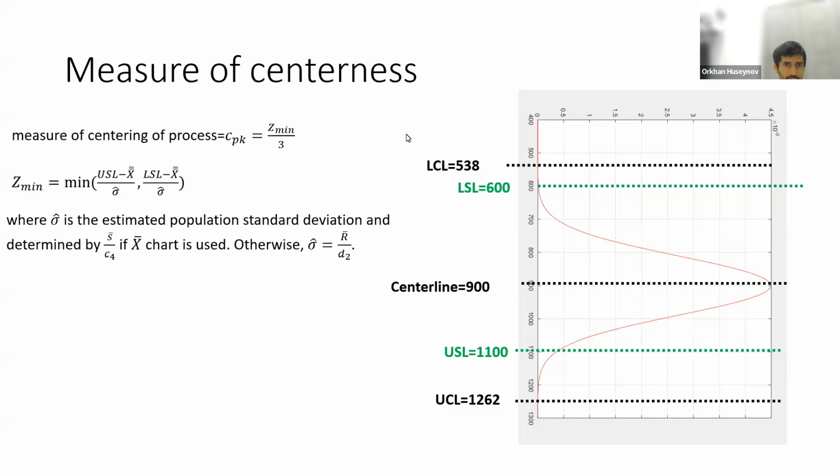The measure of the centerness, as the name says, is how centered the process is. You can see the center line is 900.